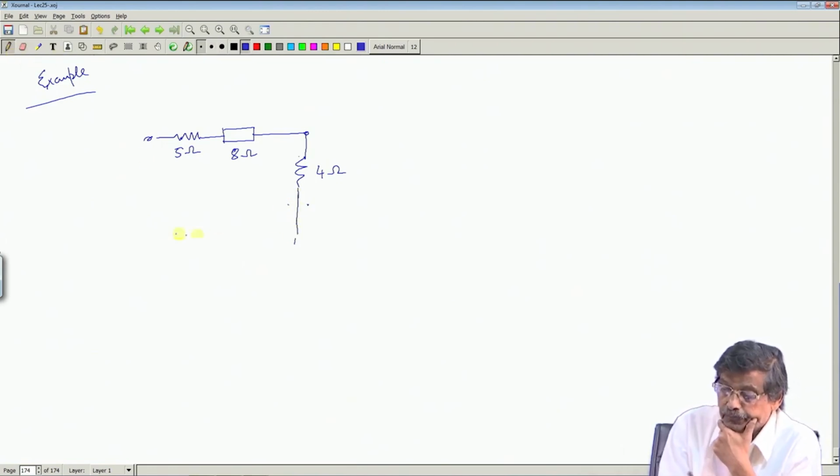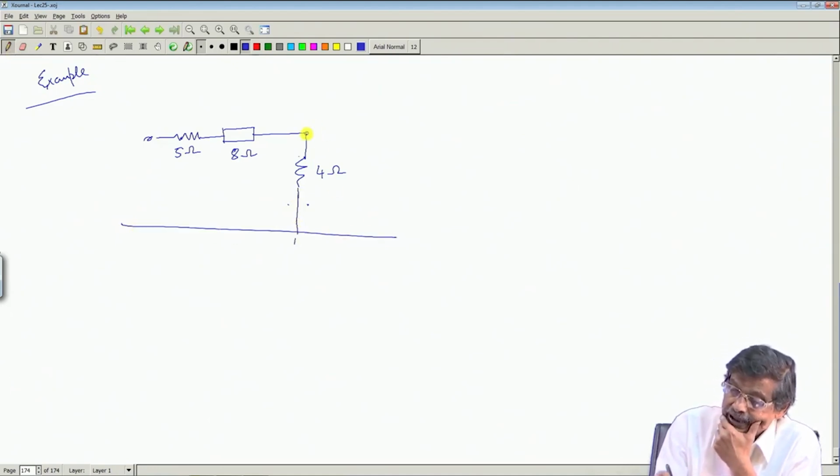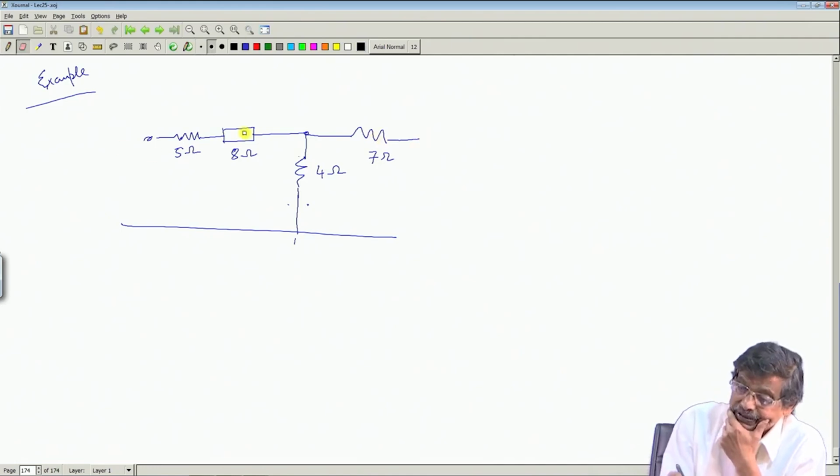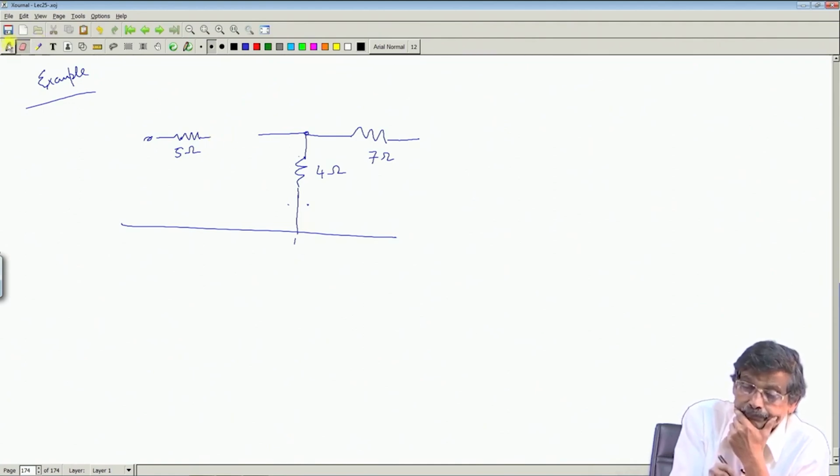So, this is 4 ohm, and here is an element which is 7 ohm. Here there is a source, say plus minus 2 volt.